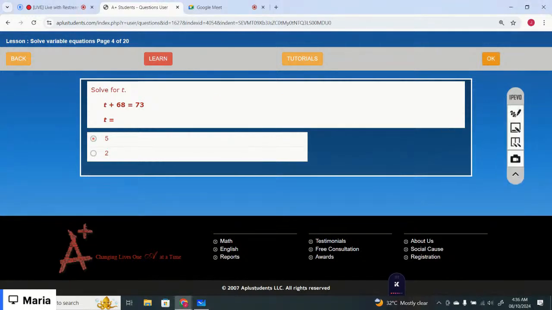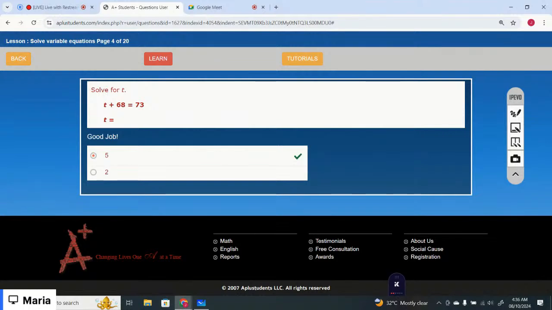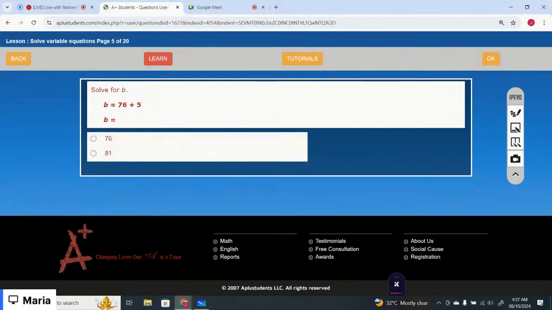Okay, the next one is solve for b. B equals 76 plus 5. You need to add.